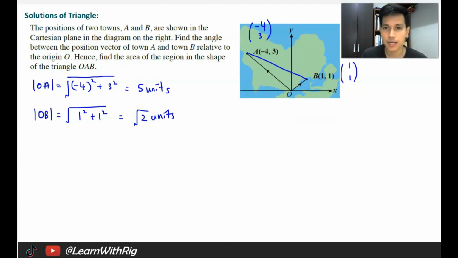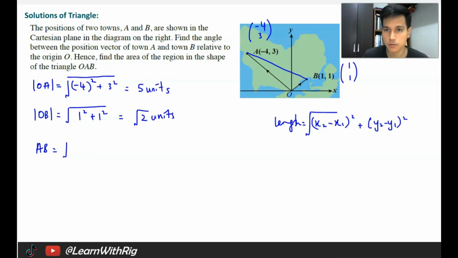So how do you find length AB? You have two coordinates, right? So you can just straight away use the formula. So AB equals to, remember how to find length? In case you don't remember, let me just write down. Length equals square root of (x2 minus x1) squared plus (y2 minus y1) squared.